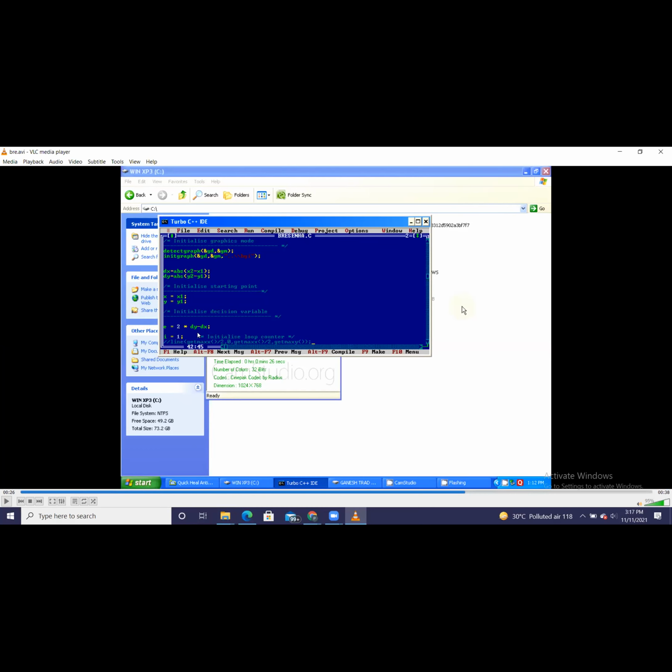So I have initialized E to this value and i equal to 1, the counter variable. So I have initialized the graphics, then calculated the dx and dy values, then initialized x and y to x1, y1, so that I will start printing the line from x1, y1. Then the error term or decision variable E is 2 into dy minus dx and i equal to 1. Okay, next.